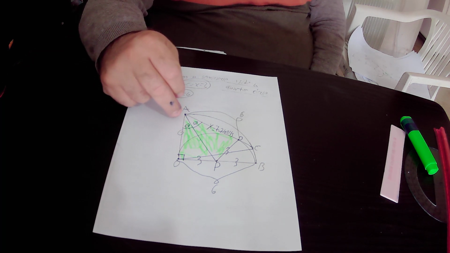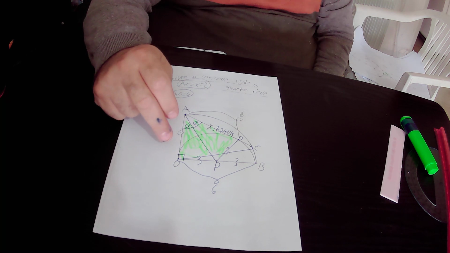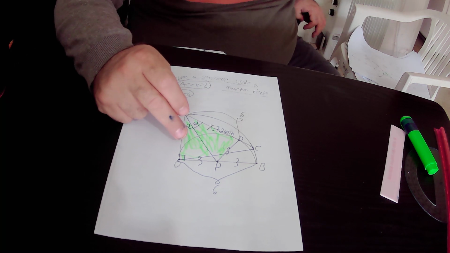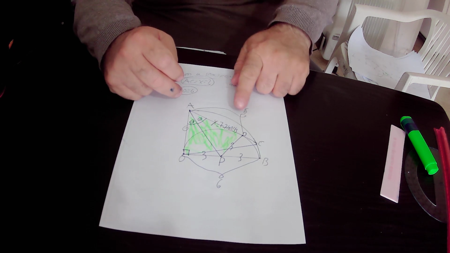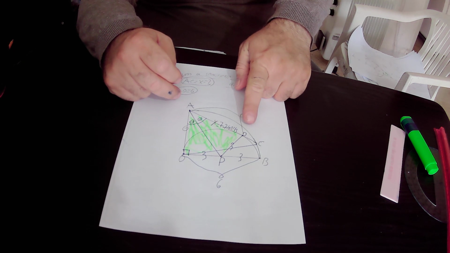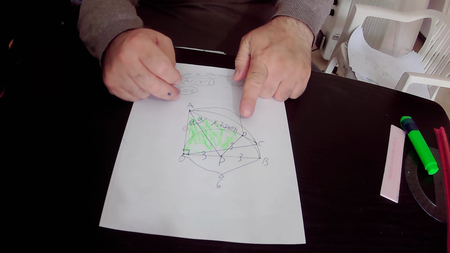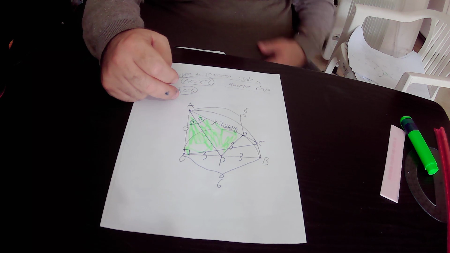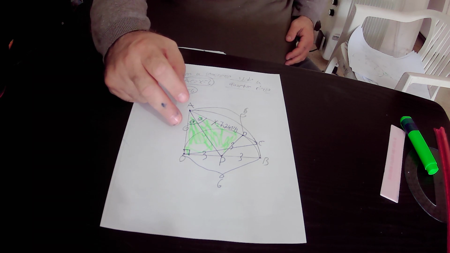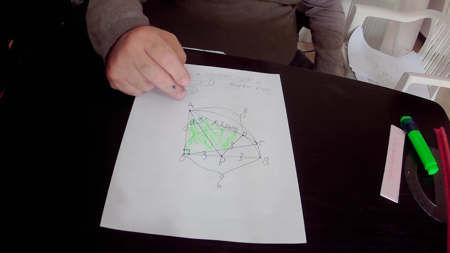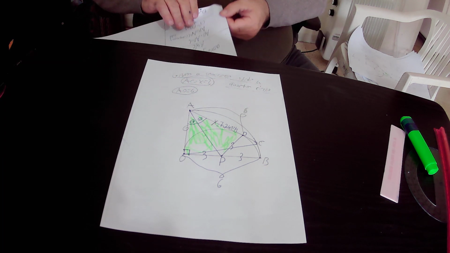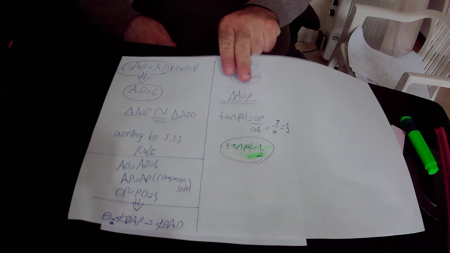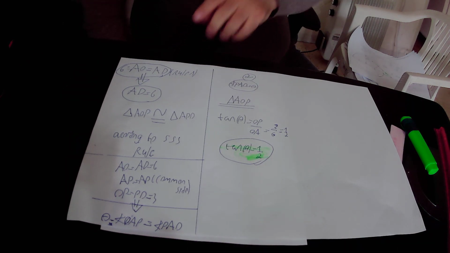The first tangent is AO, tangent to the semicircle at point O, and tangent AD is tangent to the semicircle at point D. Point D is the point of tangency of AD with this semicircle, and according to rule number 1, the lengths of those two tangents are equal. That is to say, AO equals AD according to rule number 1.